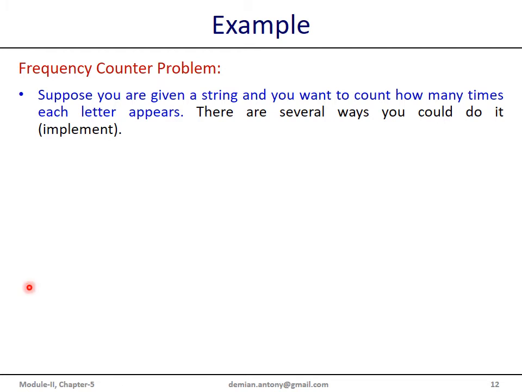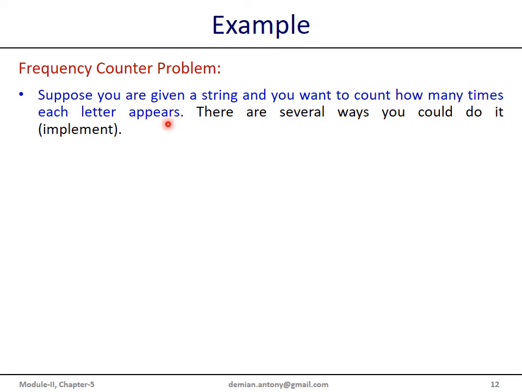Let us take up the programming examples. First one is the frequency counter problem. This is a well-known computational problem. Suppose you are given a string or a set of items and you want to count how many times each letter appears in a string or how many times each item appears in a given set of items.